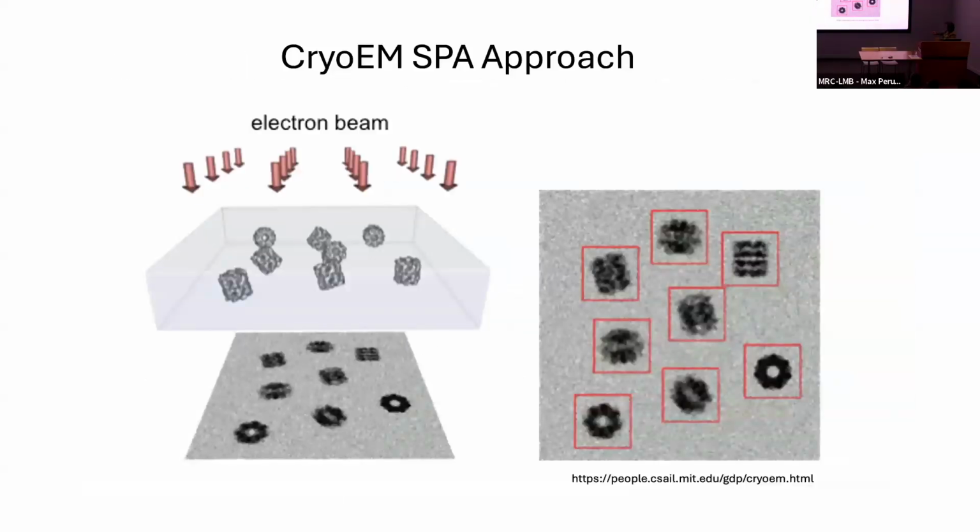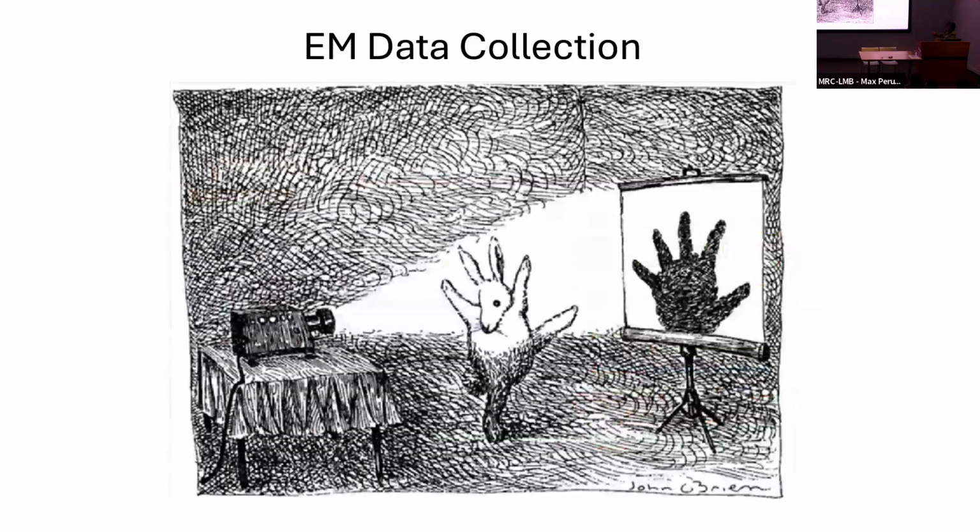Okay, so we magnify. This is my favorite one. You have the sample, and then you get a projection here, and this is what you get from the microscope. This is a famous textbook picture. Why do you get this? It's like you have a ship and you project one way, like a hand. You cannot distinguish what it is.